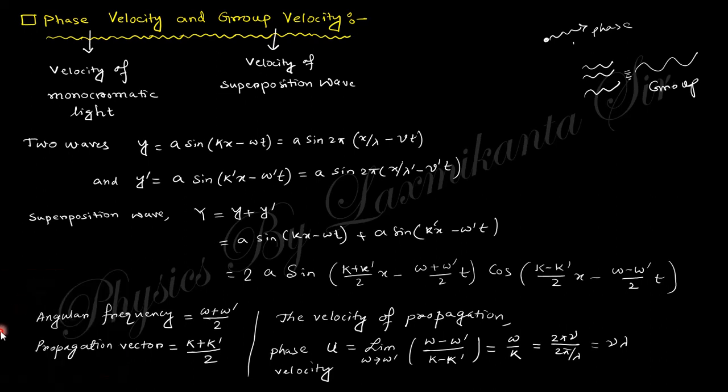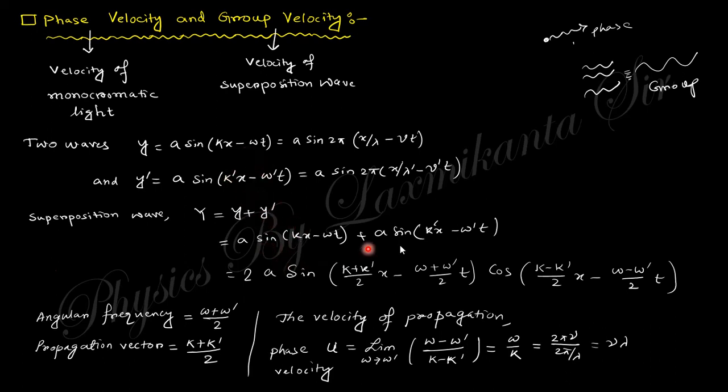Now we want to derive the relation between phase velocity and group velocity. Take the equations of two waves. These two waves have sinusoidal equations, that is y equals a sin(kx minus omega t), or you can write sin 2 pi by lambda (x minus vt), any form, and y prime is another wave represented similarly. If you superimpose these two equations, you get y plus y prime.